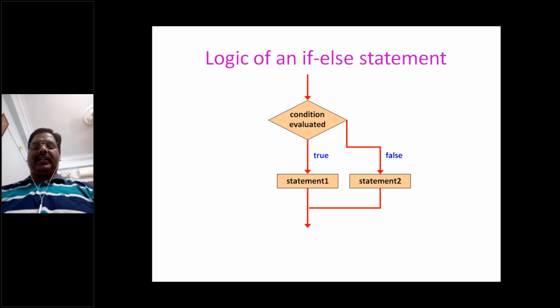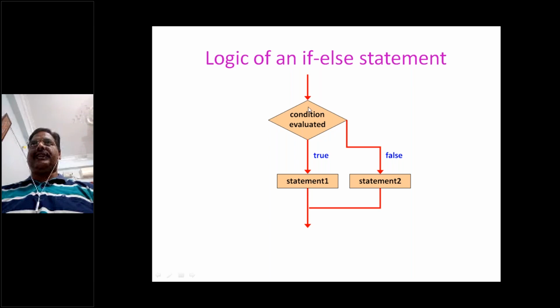So today we can see the logic of an if statement, if else statements. Okay, so you can see that the first is the if statement, and then the condition has to follow.